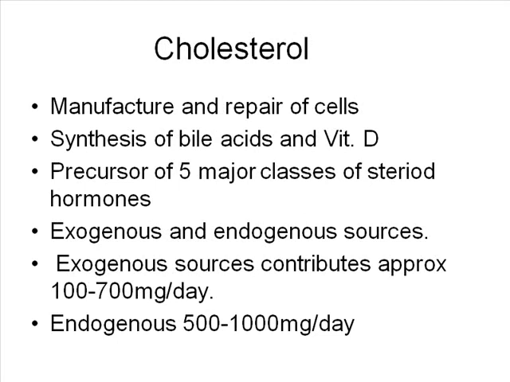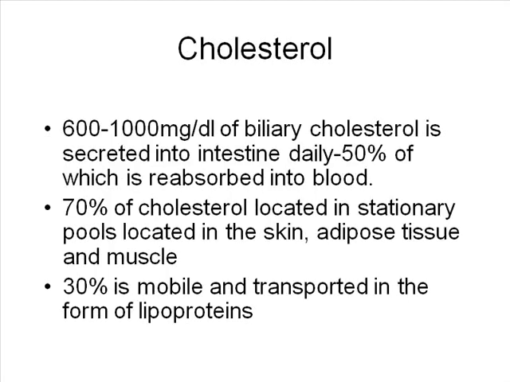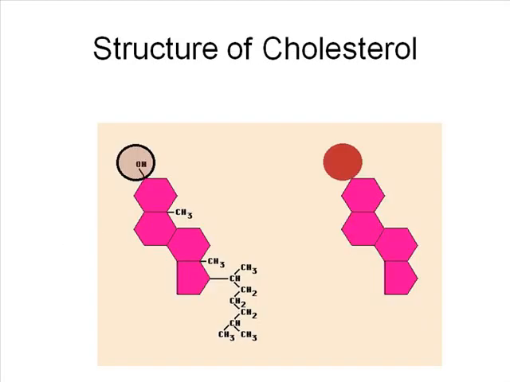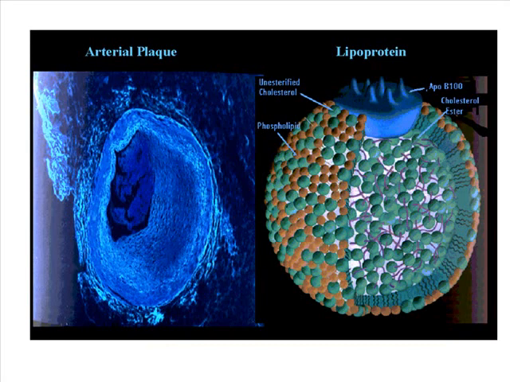Now, cholesterol is used for a lot of things, and it is also important as a base for your hormones. So you can't go entirely without cholesterol because it's very important in hormone structure. All right, here's the structure of cholesterol. It's very flat looking, and we know by autopsy that most of the plaque inside an artery is cholesterol.